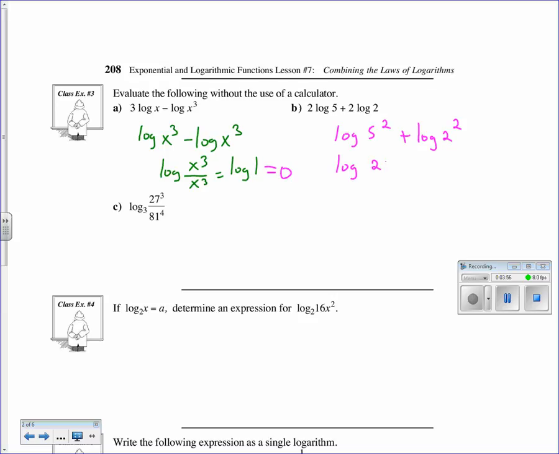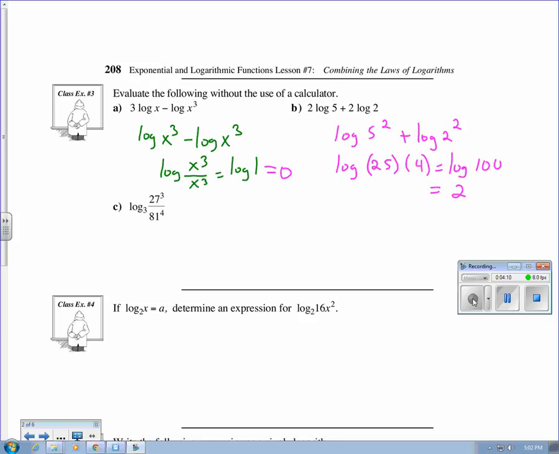So the log of 25 times 4, which is the log of 100, which 10 to the power of 2 is 100. So that comes out of that one. What are your thoughts on the next one? Log base 3 of 27 and 81. Can you divide them? Would you like to divide them? I'm going to try and divide them.